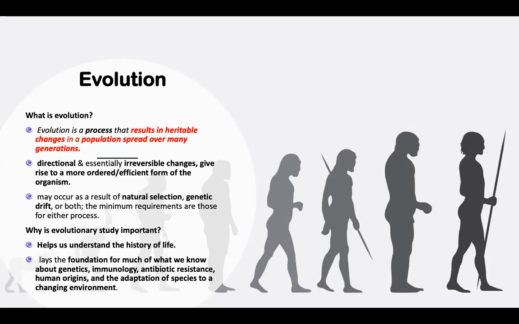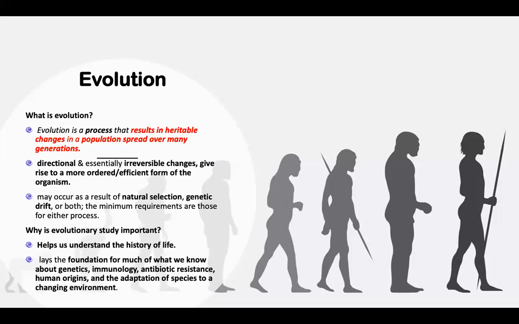It also lays the foundation for much of what we know right now in immunology, in genetics, in antibiotic resistance, human origins, and also how, over the centuries, organisms have adapted to the environment, which is ever changing.